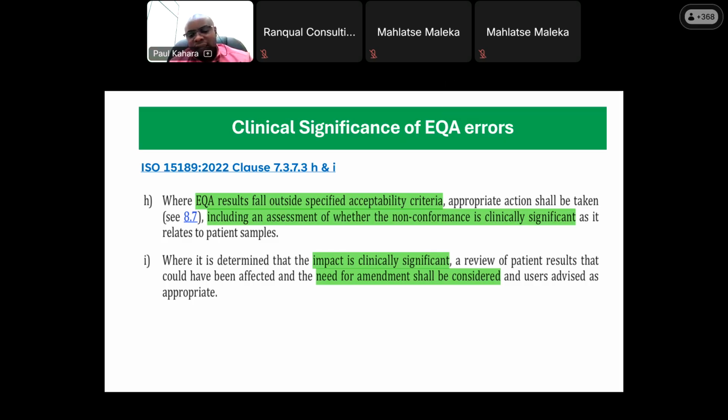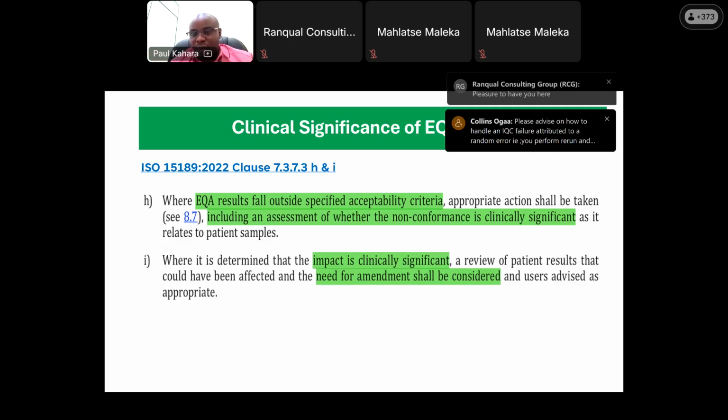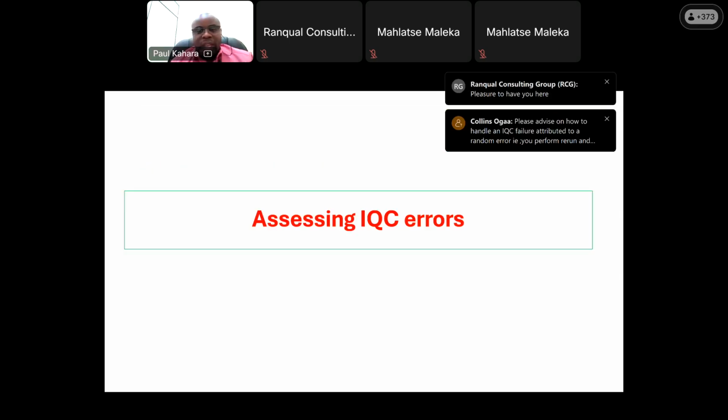Sometimes you may not have to amend. When the standard is saying the need to amend, it means that sometimes it is not logical to amend because probably the patient has already recovered, they have taken the medication and they are well. But for some tests, it may be appropriate to consider amending the report and issuing a corrected report.